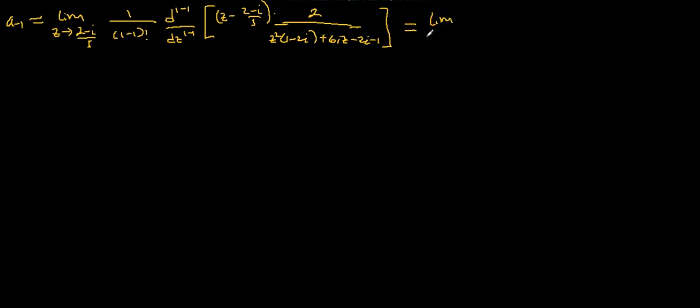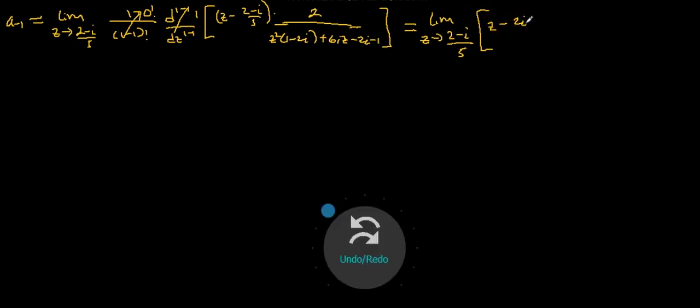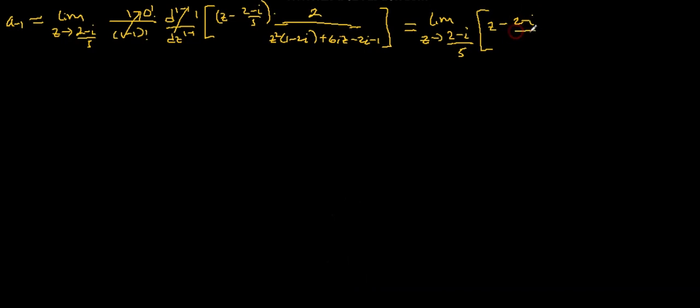We'll be left with the limit as z tends to 2 minus i divided by 5, and this derivative of order 0 turns to 1, and all of that is 1. So we are going to be left with z minus 2 minus i divided by 5 there, then multiplying 2 divided by z squared into 1 minus 2i plus 6iz minus 2i minus 1.